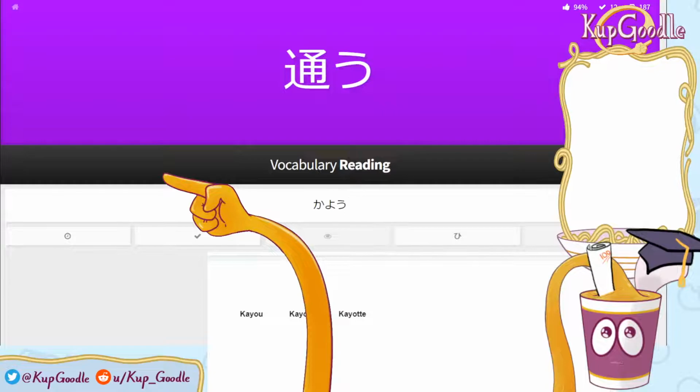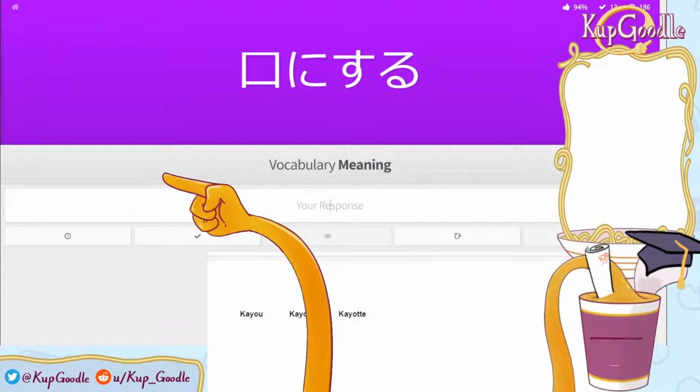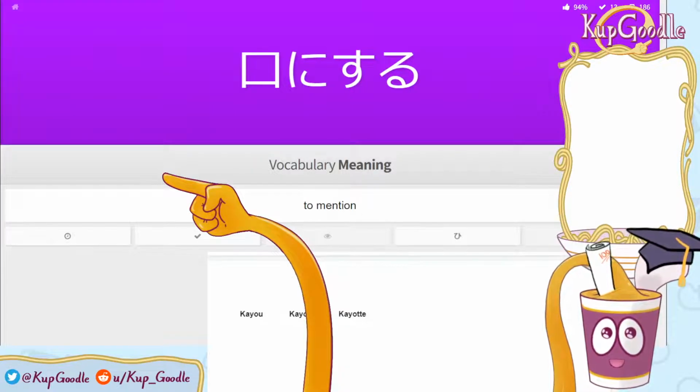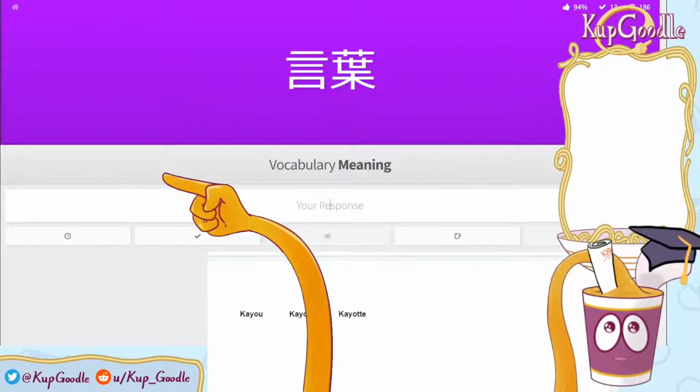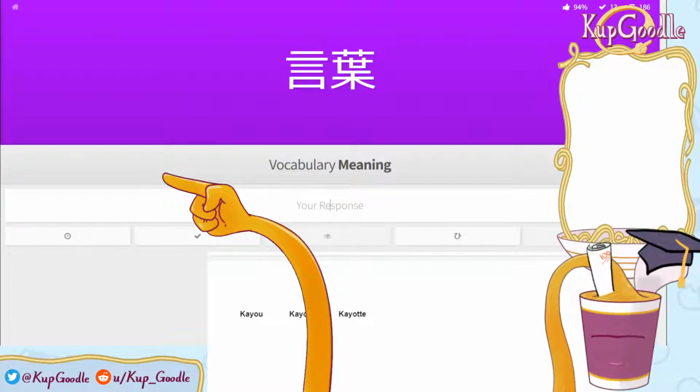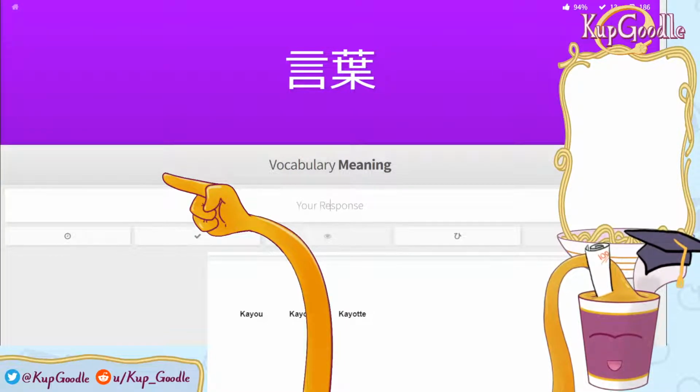Kayo. Kuchi ni suru. To mention, tell, eat, say, anything related to the mouth. Kotoba. I was just like, what is a say leaf again? What is a speaking leaf?